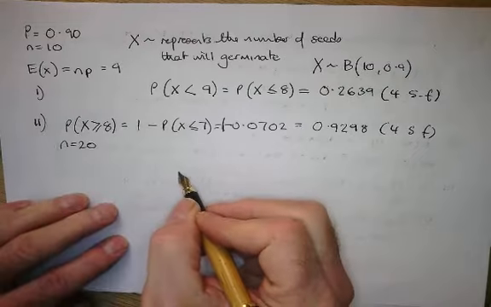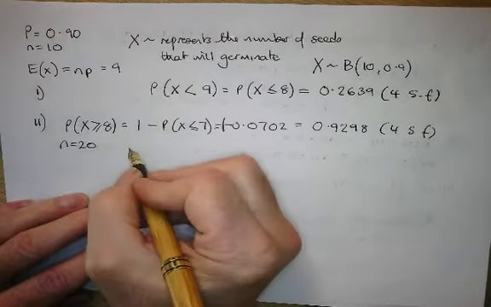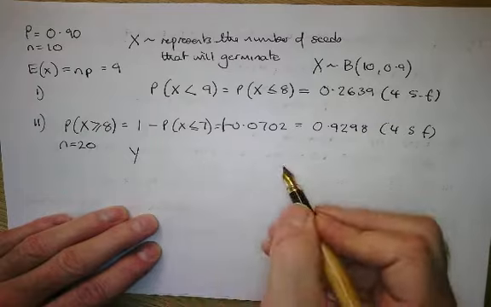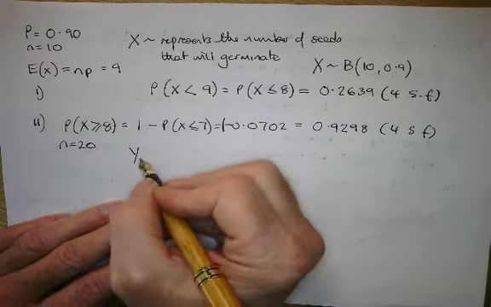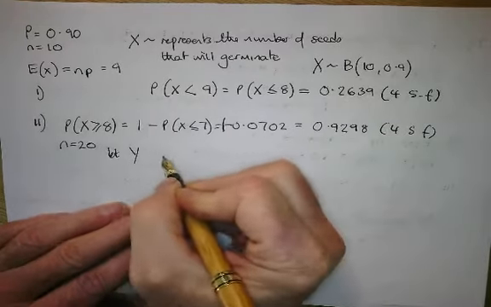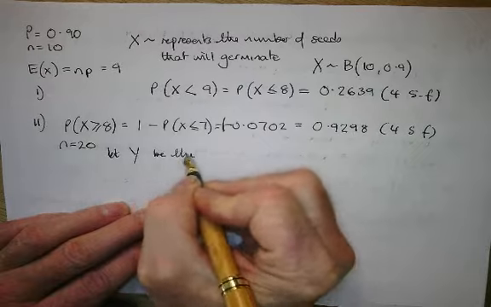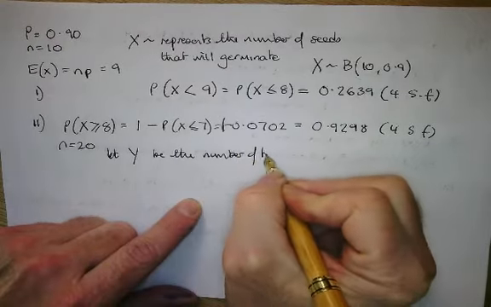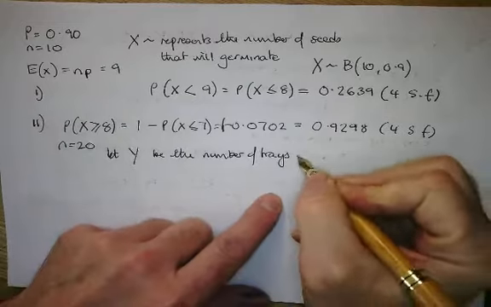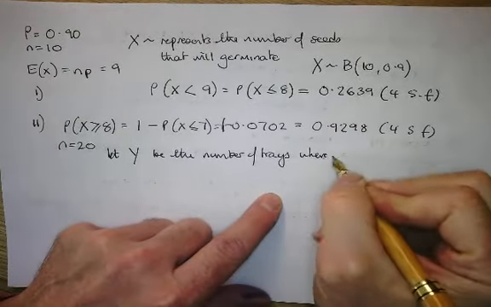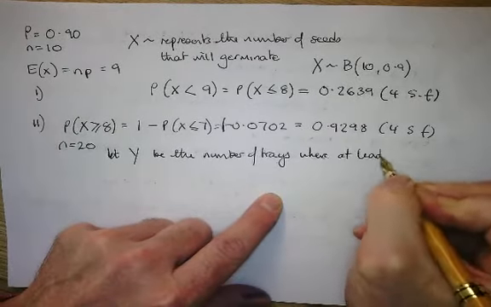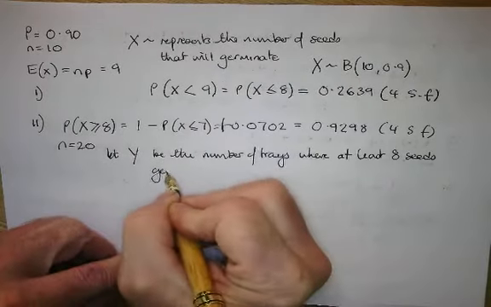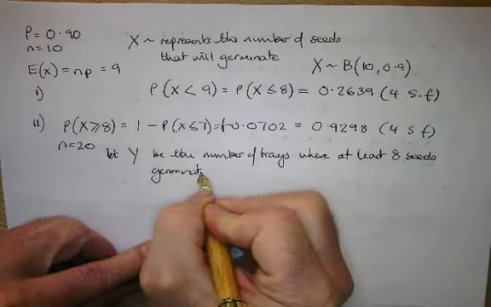I have 20 trays, so it's 20 trays there. And now Y is going to be the number of trays that have at least 8 seeds germinating. Okay, so let Y be the number of trays where at least 8 seeds germinate.